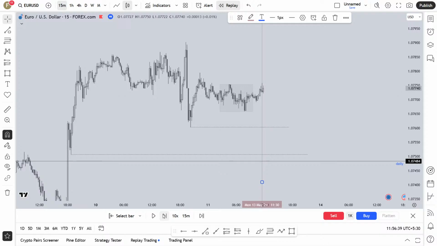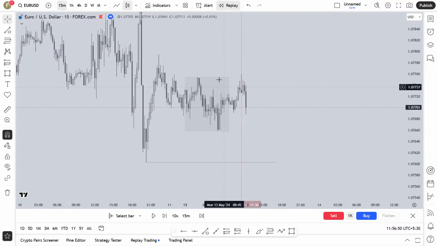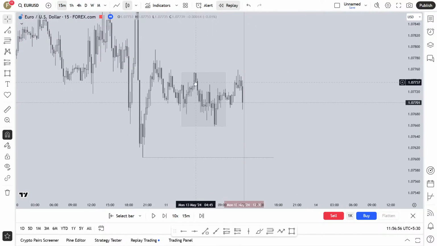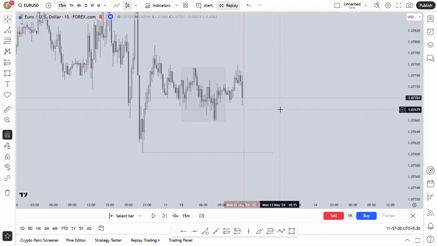So now London is about to open. Let's see. London open, and here if you can see now it's 12:30. At 12:30 you can see it swept this liquidity and broke this structure.